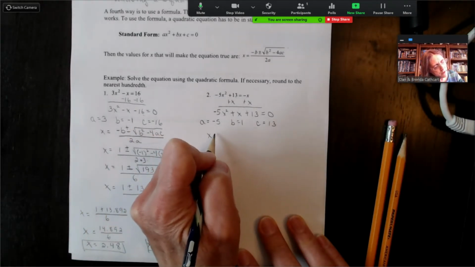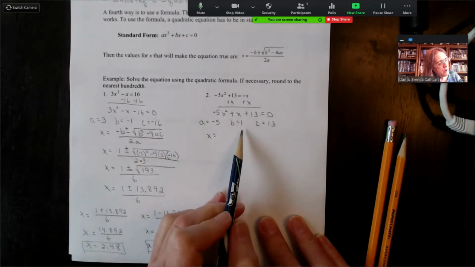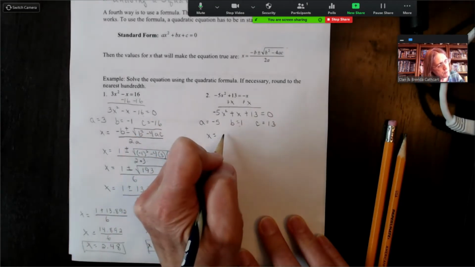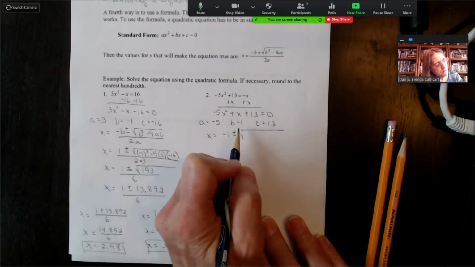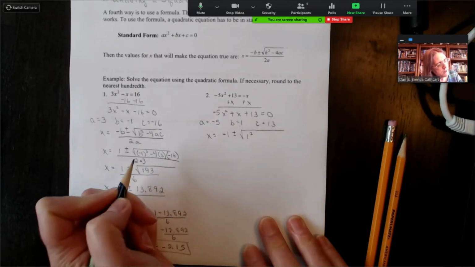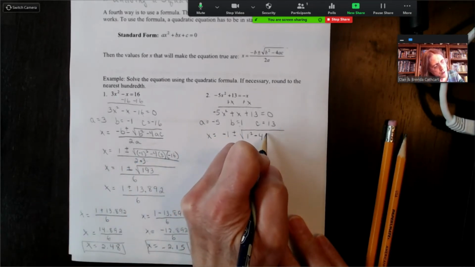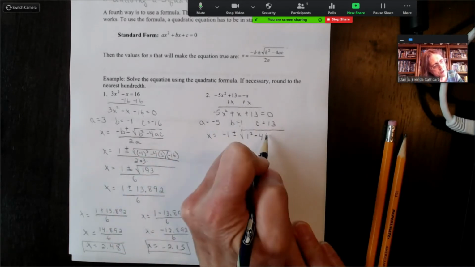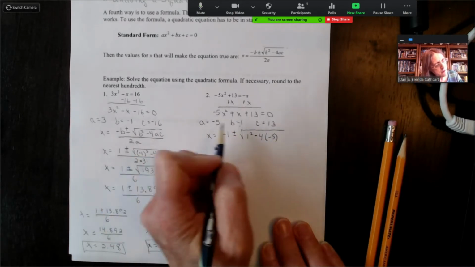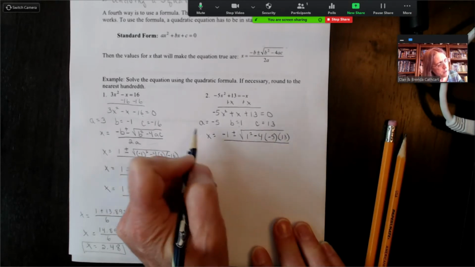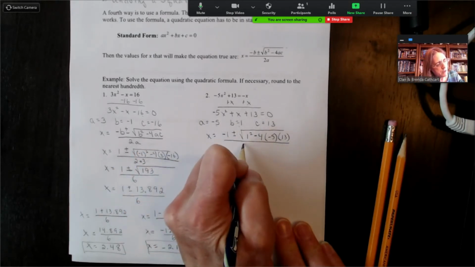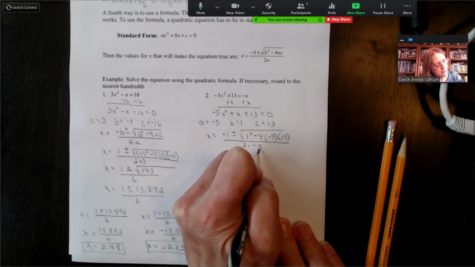So starting with x equals, we want the opposite of b, so this is going to be negative 1 plus or minus the square root of b squared, 1 squared, minus 4 times a, which is negative 5, times c, which is 13. And this whole thing is divided by 2 times a, or 2 times negative 5.